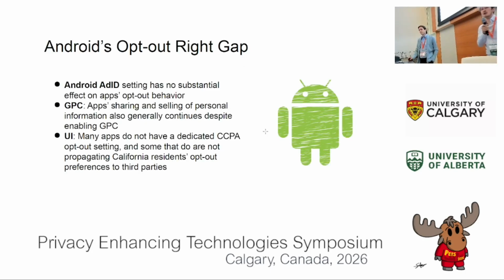And where does this all leave us? On Android, we have this existing opt-out provided by Google, which has existed for 15 years and doesn't really do anything. In theory, people should be able to set their GPC signal under Californian law. So there are two regimes, and we argue that both of them should be merged.